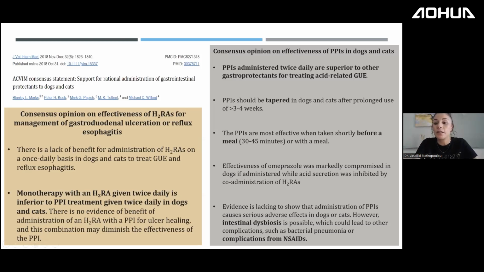They should be given shortly before a meal, 30 to 45 minutes, or with a meal, preferably before the meal. And if you give omeprazole plus ranitidine, famotidine, or anything else, then this compromises the actual action of omeprazole, so don't give it.